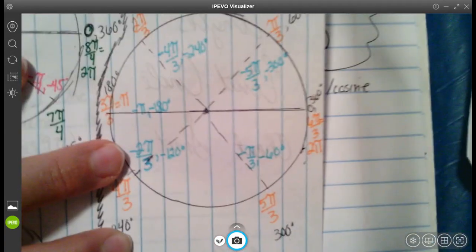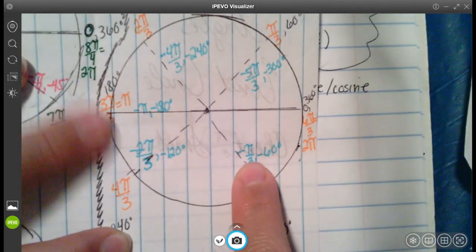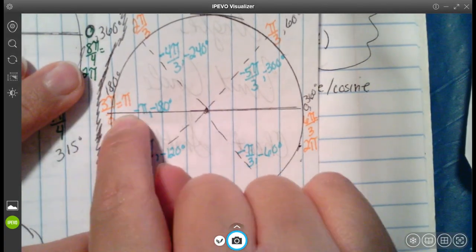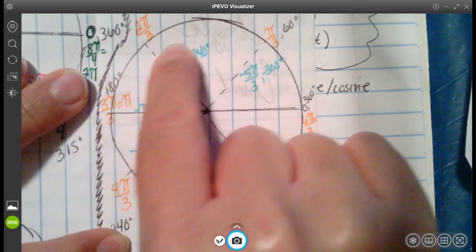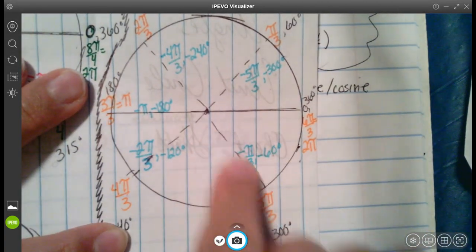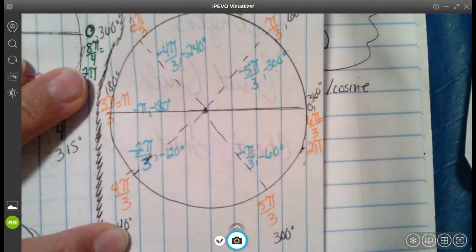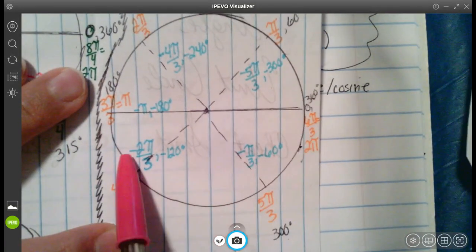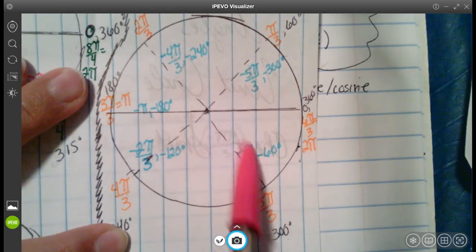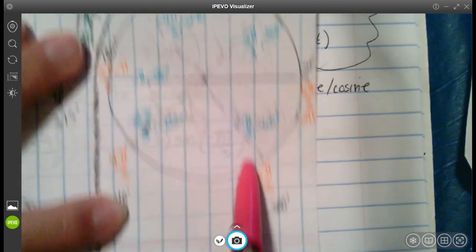I have negative pi thirds, -2 pi thirds, -3 pi thirds would be this one, -4, -5, -6, -7. So -7 lands right here. All I'm doing is counting -1, 2, 3, 4, 5, 6, 7. So it's going to land on this piece right here.